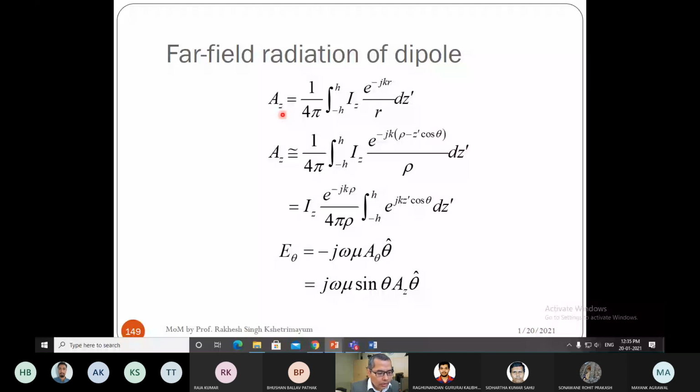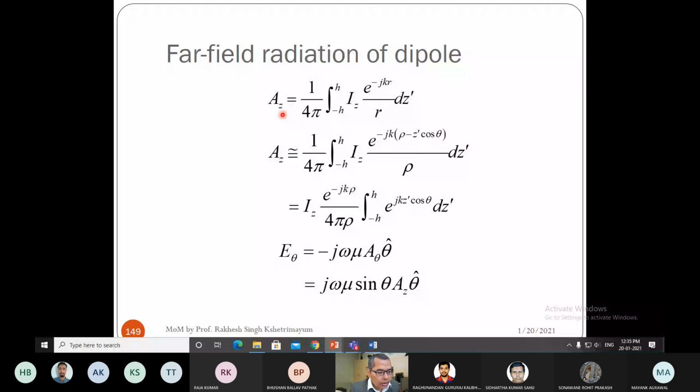If you know the direction of the current density, you don't need to find the direction of the magnetic vector potential. So finding the magnetic vector potential is like finding a scalar quantity. It's always easier to find a scalar quantity than a vector quantity.